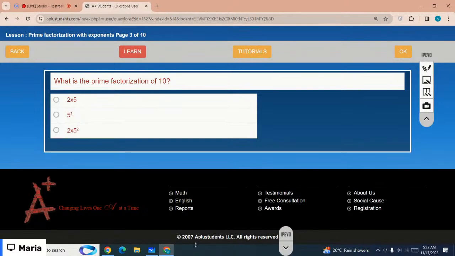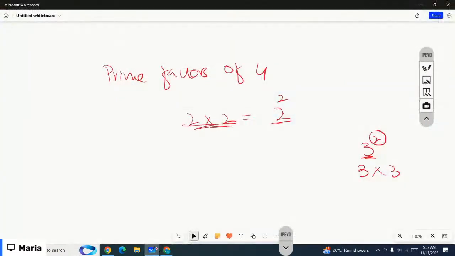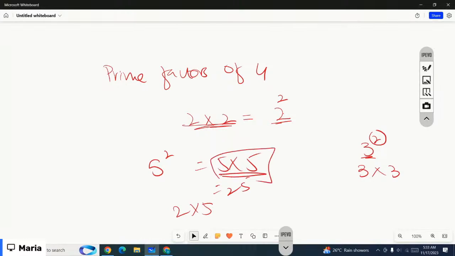No, 5 square means you have to multiply 5 two times, and 5 times 5 is 25. That would be simply 2 times 5. You cannot write them in exponent form. You can only write the exponent form when the same numbers are multiplying, like 5 times 5.